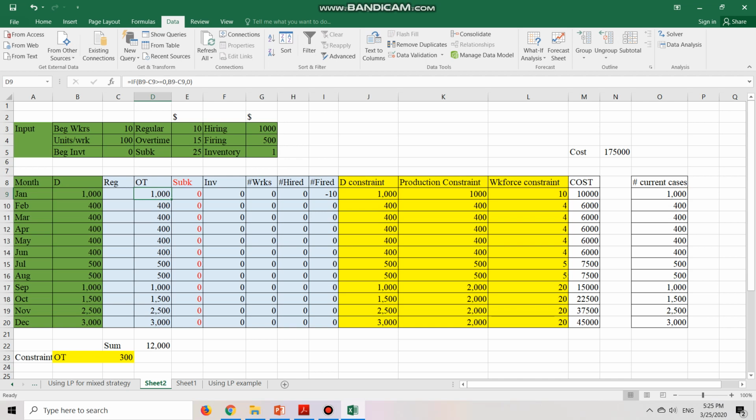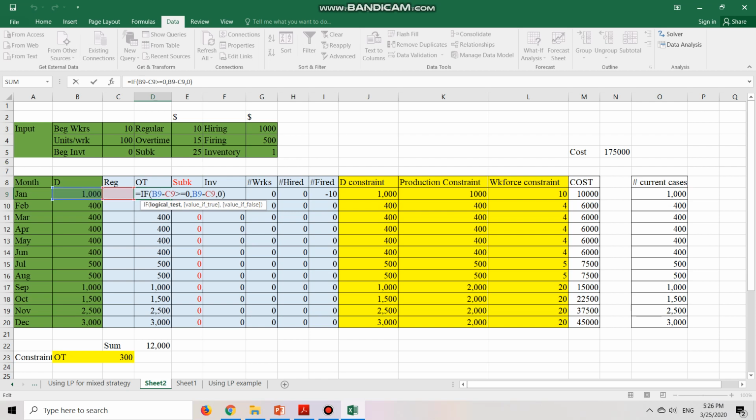The overtime column works like this: if the demand is larger than or equal to the regular production, we have to do overtime, because we don't have enough product to satisfy the demand, right?